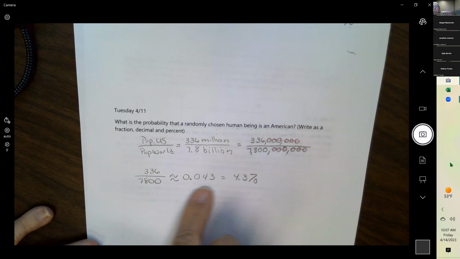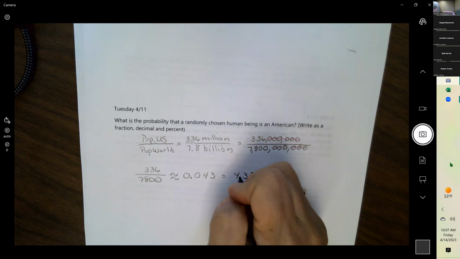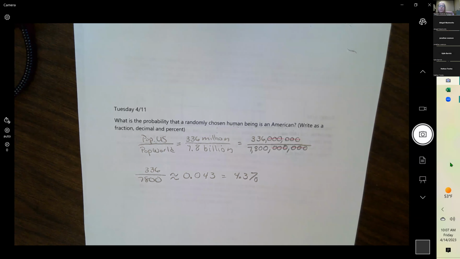So I rounded to 3 decimals. That way when I found the percent by multiplying by 100, I had a decimal place. So 4.3% of the world is Americans. Any questions on that?